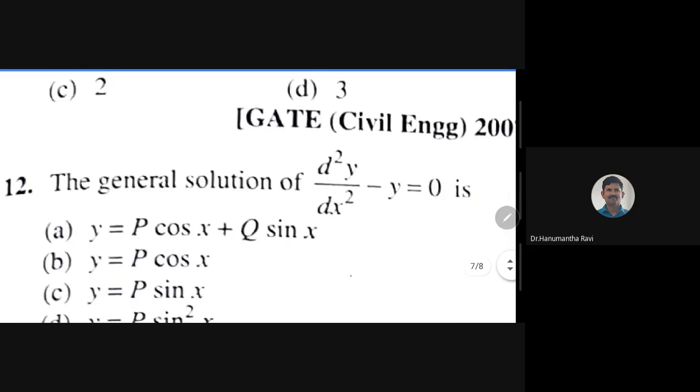The degree of the differential equation, this is a straightforward question on the general solution. For this one, you have D square minus 1 is equal to 0. So D is equal to plus or minus 1.